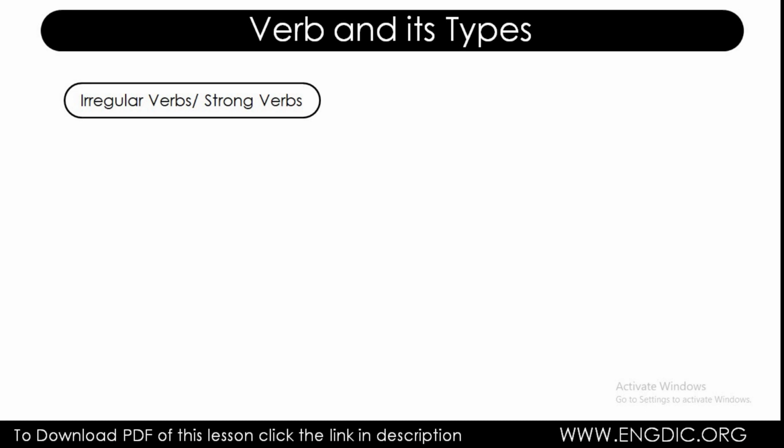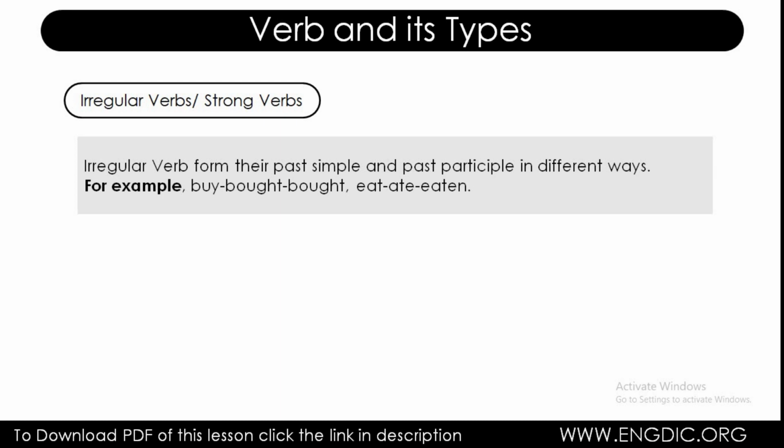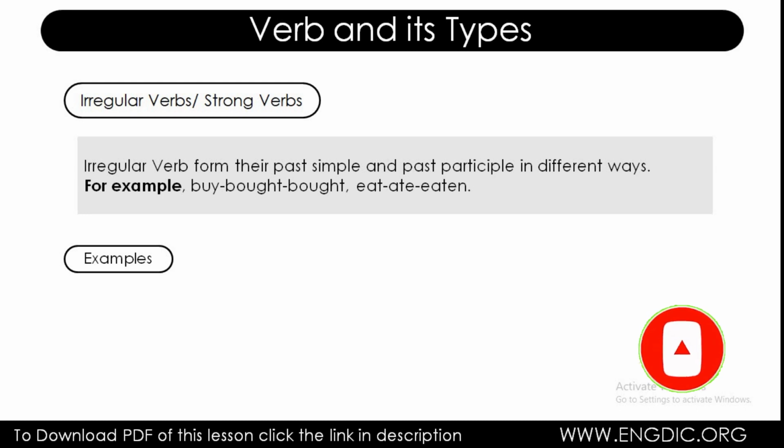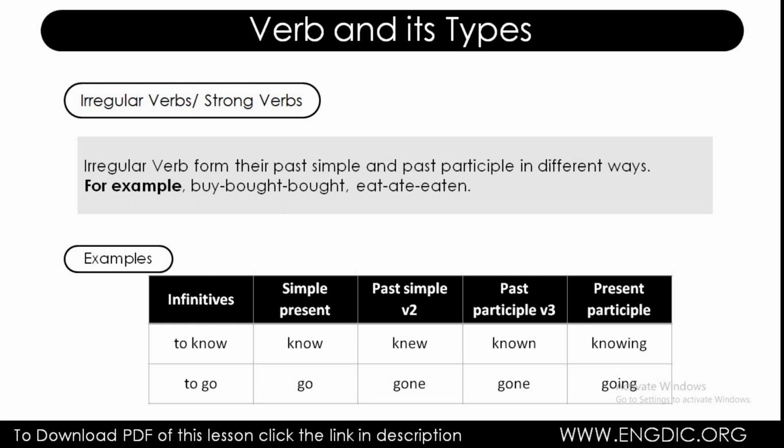Moving towards the irregular verbs, which are also known as strong verbs. Irregular verbs form their past simple and past participle in different ways. For example, buy, bought, bought, eat, ate, eaten. A few more examples of irregular or strong verbs are to know.